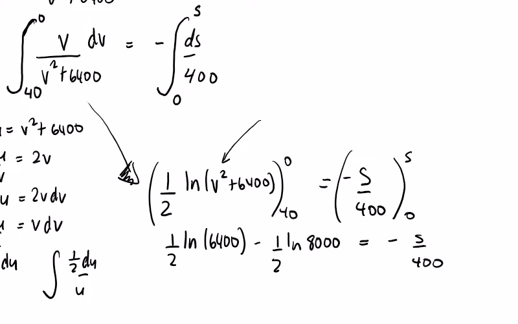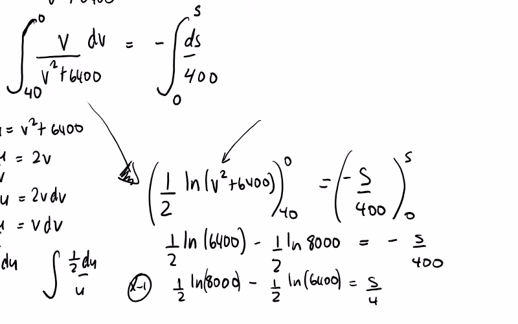So if I multiply by 2, and change the signs around, I'll do it in 2 stages. I'll change the signs first, or just multiply by minus 1 first. Keep it simple. So a half by the natural log of 8,000, this is to give me a positive s on the right, minus a half by the natural log of 6,400 is equal to s over 400.